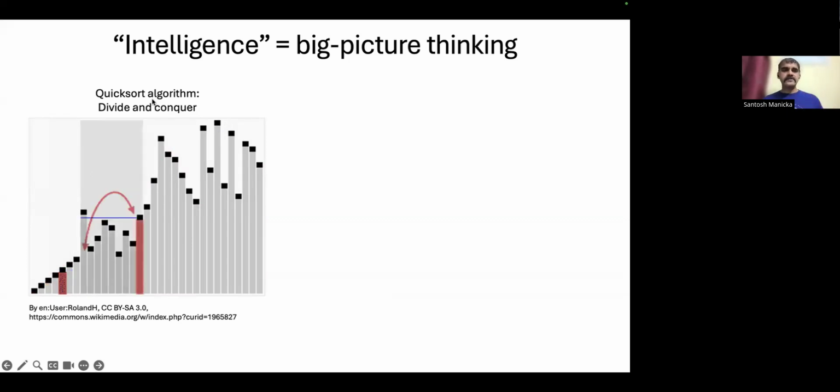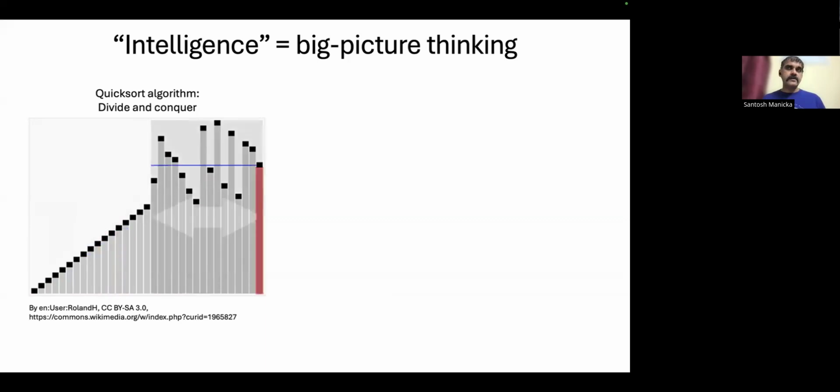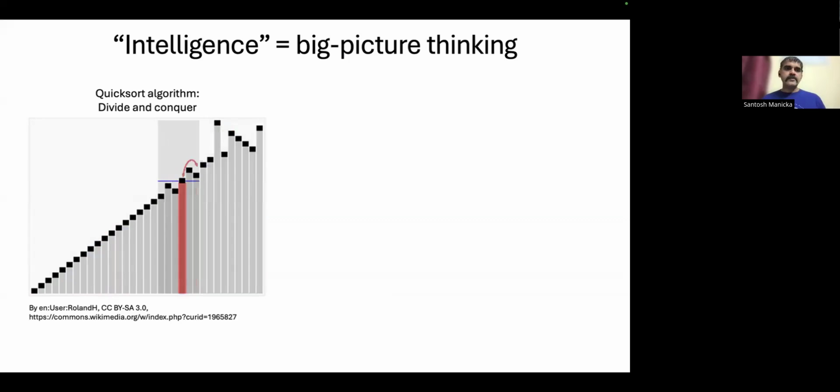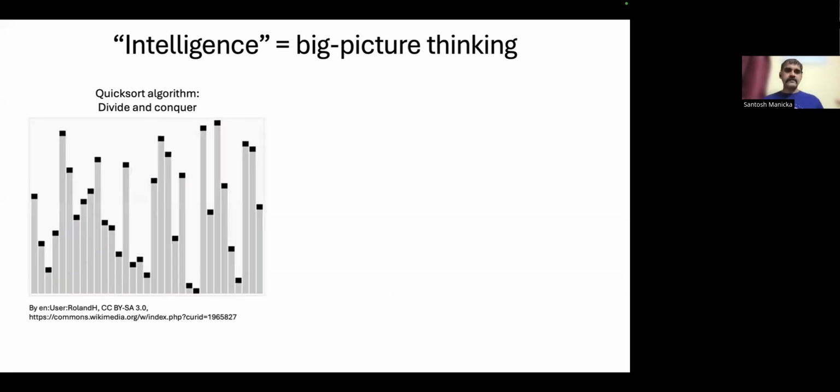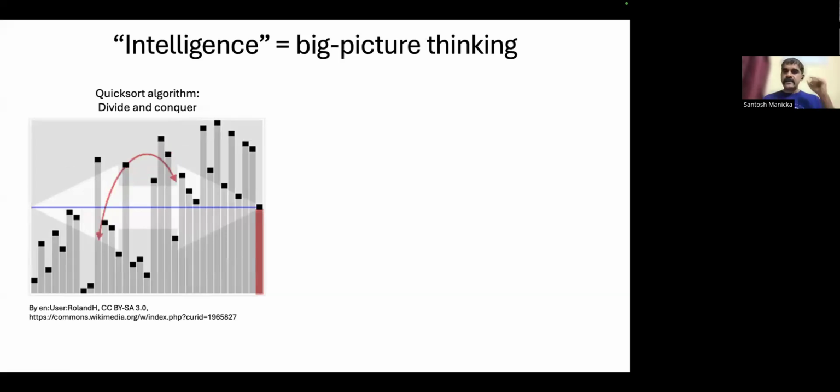It was invented by a computer scientist named Tony Hoare in the 1950s. He was grappling with the problem of sorting arrays of objects, and it could be numbers or anything that has a smaller or larger relation.